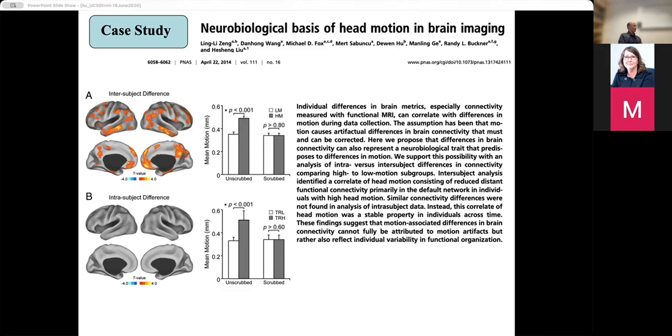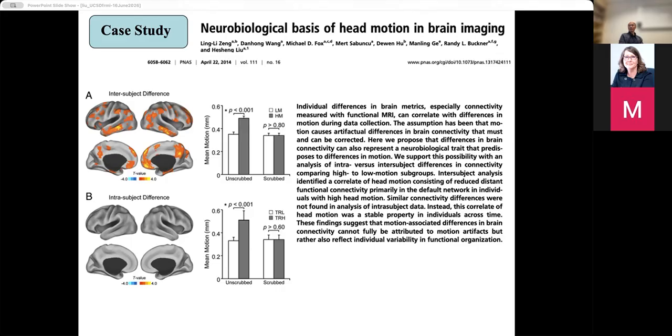But then we got into methodological qualms: how much do we believe this, and how much does the sample overlap? For the intersubject differences, you're taking the same subjects who have moved in one scan and not moved in the other scan. So that group would be inherently biased to the more wiggly people anyway.